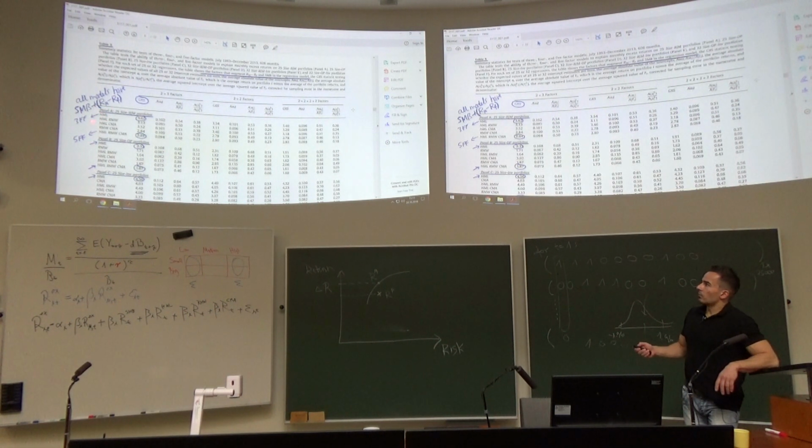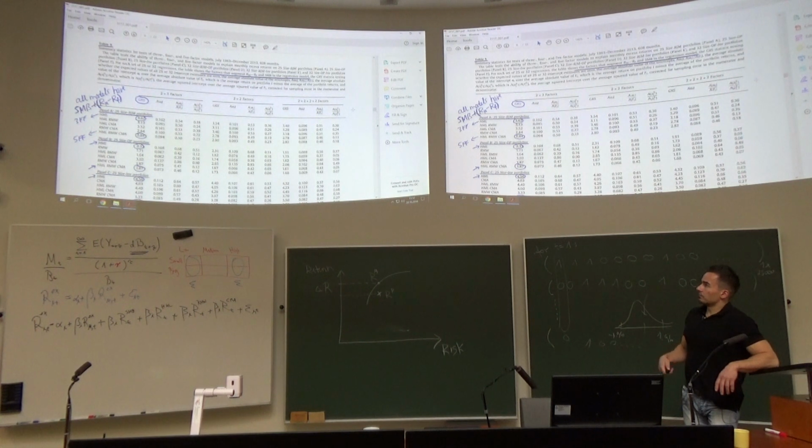In the second row, where it says HML and RMW, they use the size factor, the market factor like before, then the HML factor and the RMW factor. This is how you have to read this table. In the last row, they use all of the factors. The last row is actually their five-factor model.